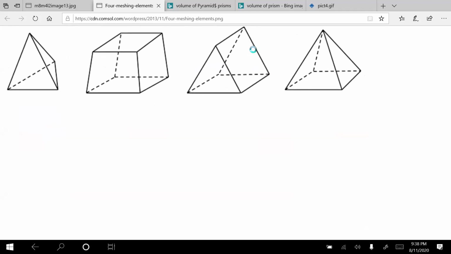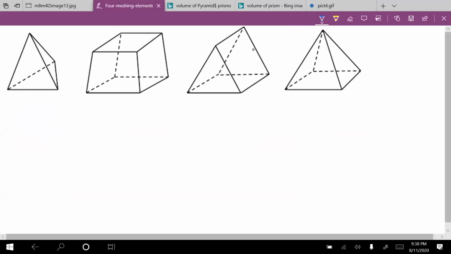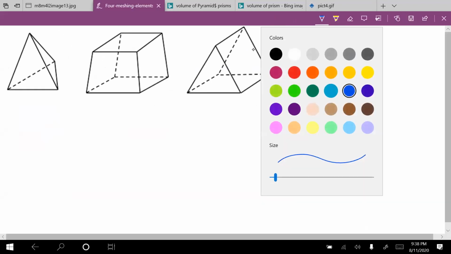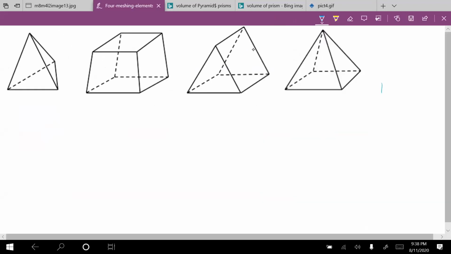Okay, let's remind ourselves. A pyramid has an apex and one base. So see which of these have an apex. We can see an apex right here and another apex right here.